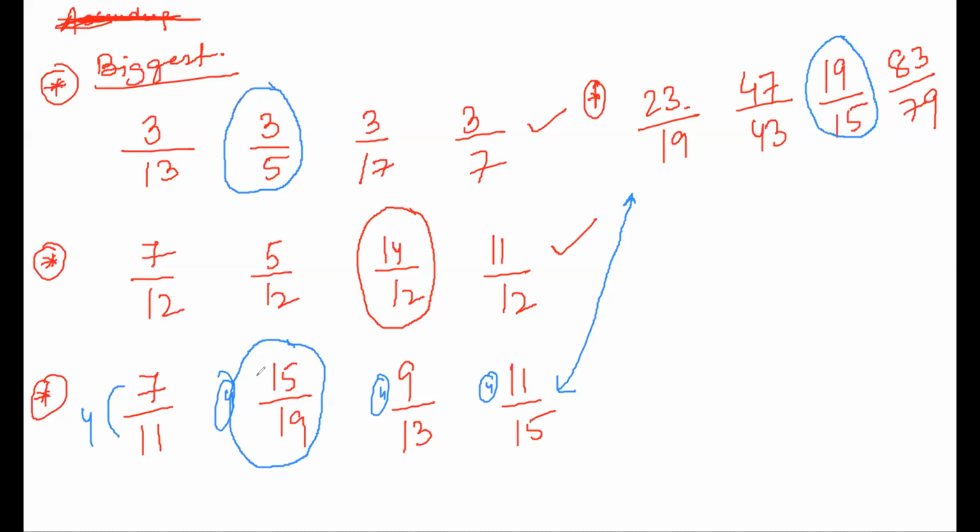When the number above is smaller than the number below, the bigger number is my answer. Whereas if the numbers above are larger and the denominator is lesser, then the smallest number will become the biggest answer. Are these 4 cases clear?